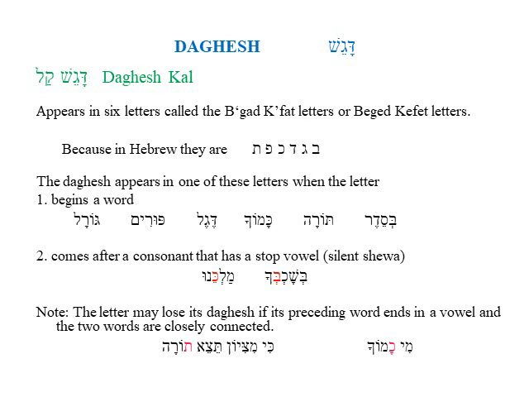So, for example, we have here, mi chamocha, where we'd expect the Daghesh Kal in the K letter, or Ch letter, but because of the vowel in the preceding word, it loses it and is read as mi chamocha. Same thing over here. Ki mitzion, teitze, vowel, Torah, without the Daghesh Kal in the Beged Kefet letter.